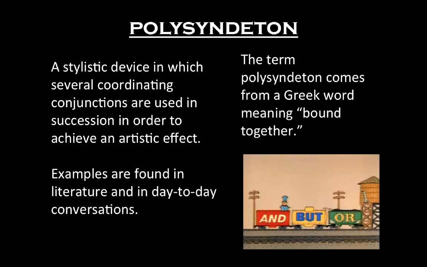It places more emphasis on the words that you are linking together. You can find some examples in famous literature, in speeches, also in our day-to-day conversations. The term polysyndeton comes from a Greek word, appropriate since we're studying Greek mythology, which means bound together.